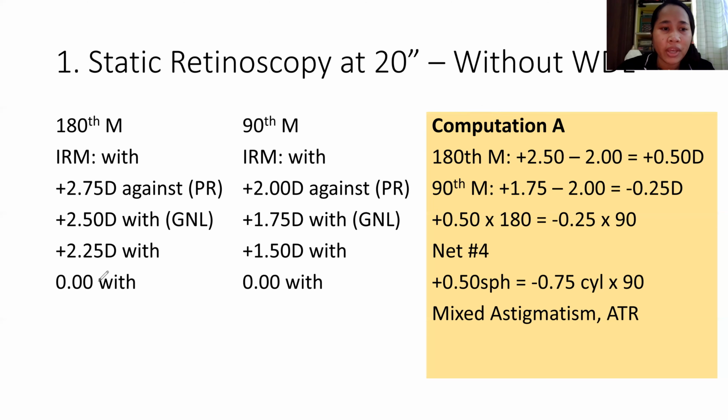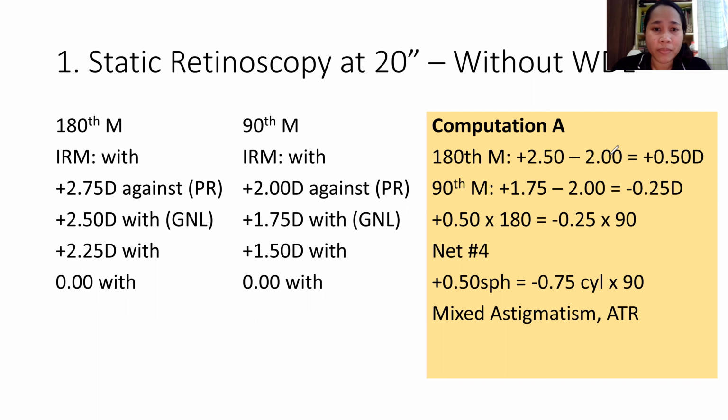So we made an increment of plus 25, plus 50, plus 75, plus 100, plus 125, plus 150, 175, 200, plus 225, plus 250, and plus 275. The movement is against. So now we are at the point of reversal. So plus 275 is the point of reversal in the 180th meridian.